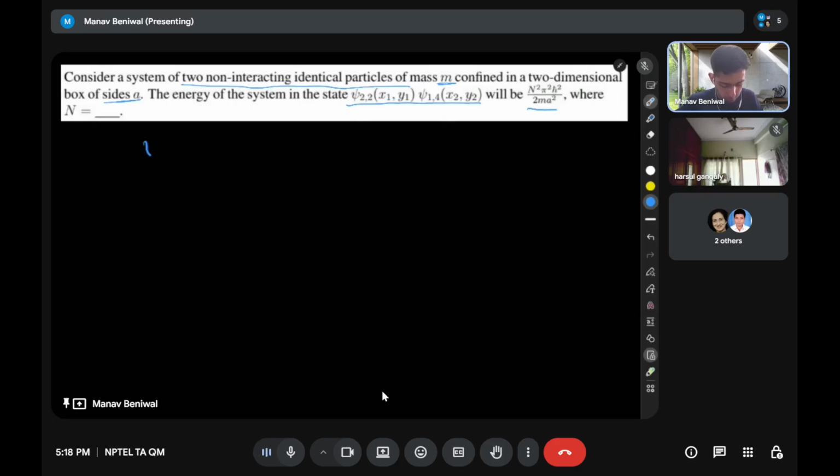Now can you please tell me what is the meaning of psi 2 comma 2 x1 y1 and psi 1 comma 4 x2 y2? What do these subscripts mean? These are the n and m values.